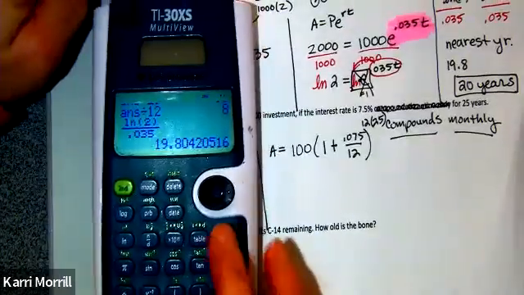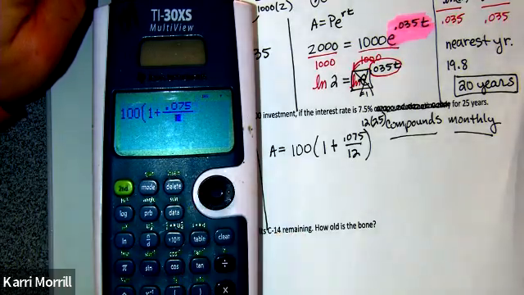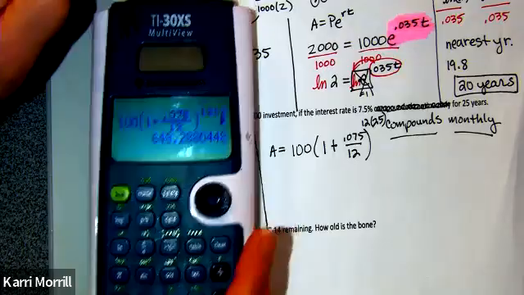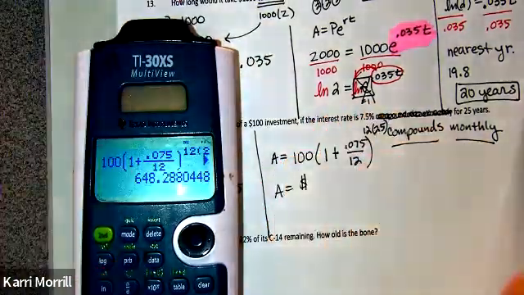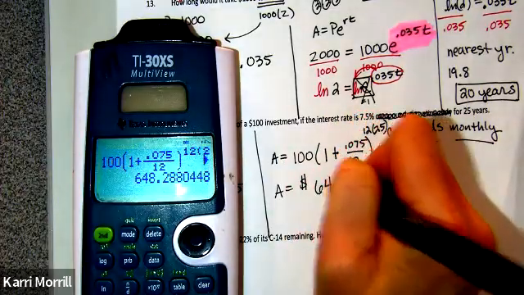So we just plug it in our calculator. 100 times 1 plus 0.075 over 12, close your parentheses, raised to the 12 times 25. Since it's money, a lot of times we just round to the nearest cent, but read the instructions. So 648.29.